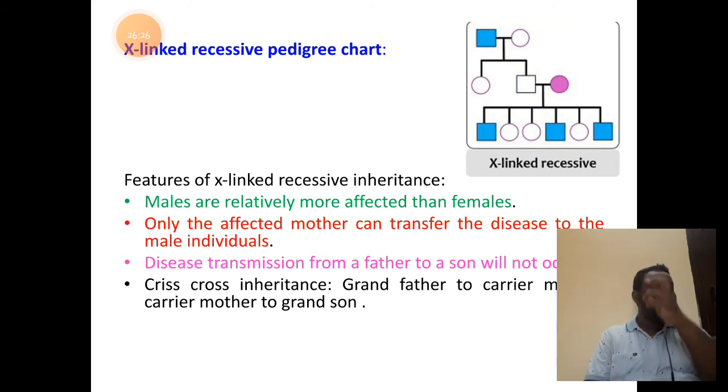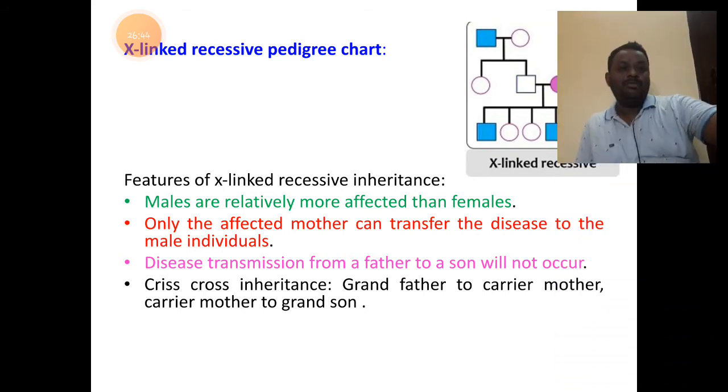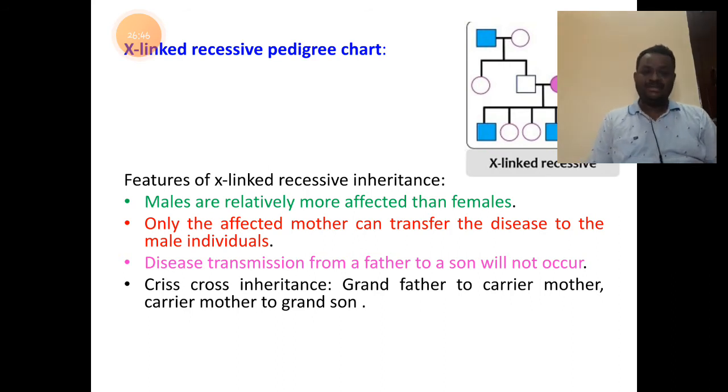So what happens in this kind of pattern is that males are affected more than females, and only the affected mother can transfer the disease to her male individuals. The affected mother, when I say, she could even be a carrier, one who carries the affected gene in her.